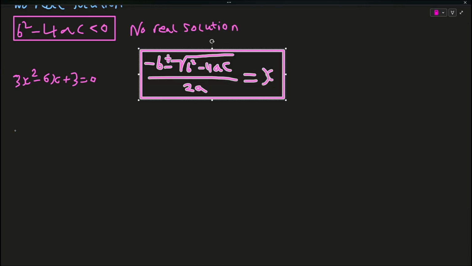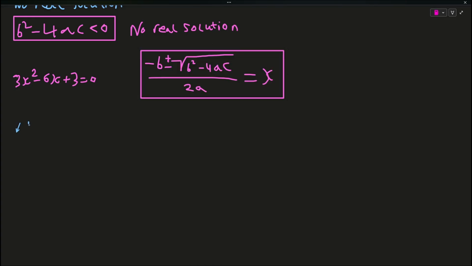So substitute in. So we have minus 6, so that is in fact a positive number. So now we just have 6 plus minus the square root of minus 6 squared minus 4 times 3 times 3, over 2 times 3.